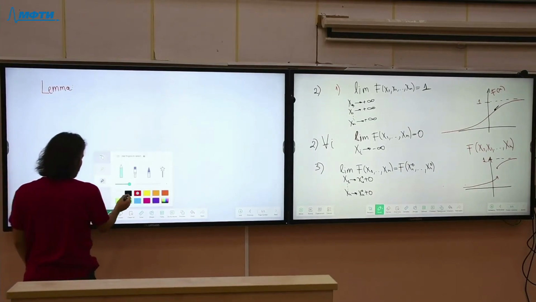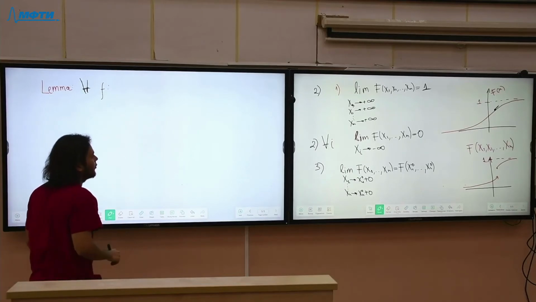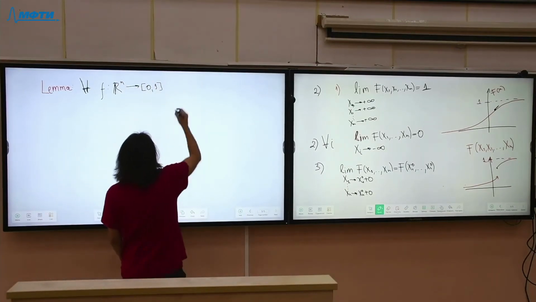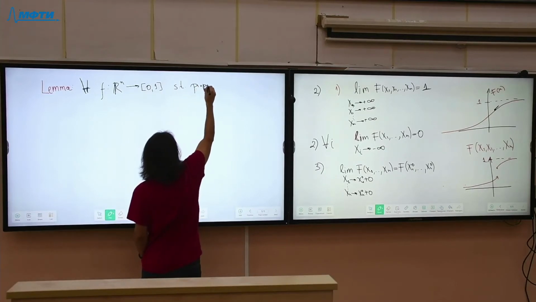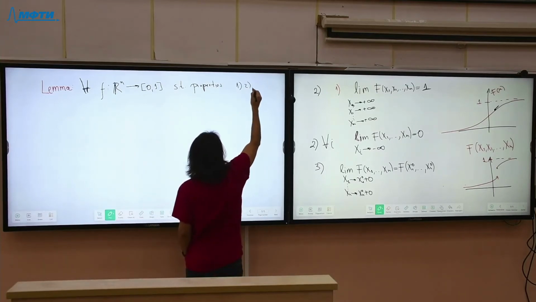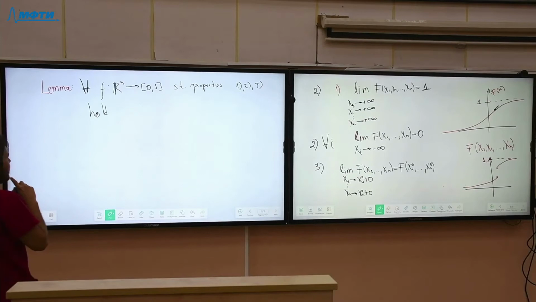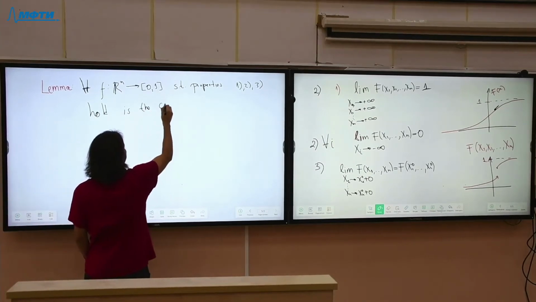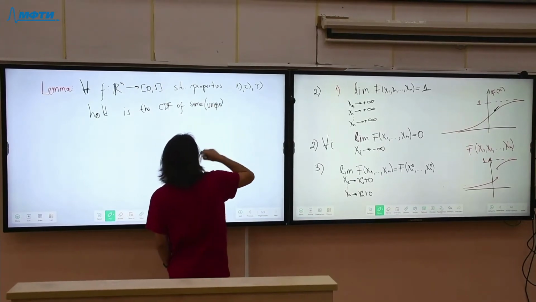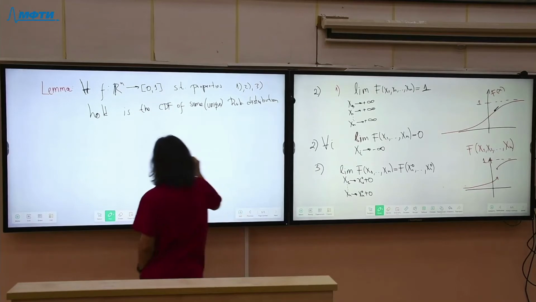That for any function f from Rn to [0, 1] such that properties 1, 2, and 3 hold, it is the CDF of some unique probability distribution in Rn.